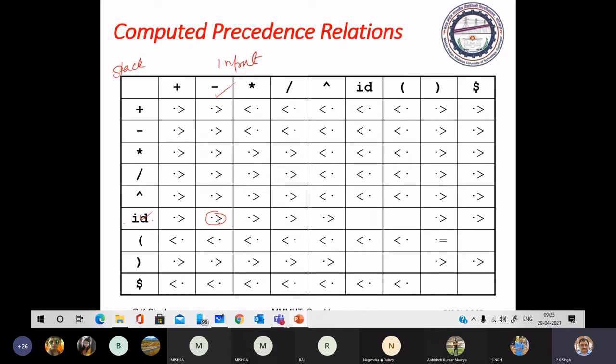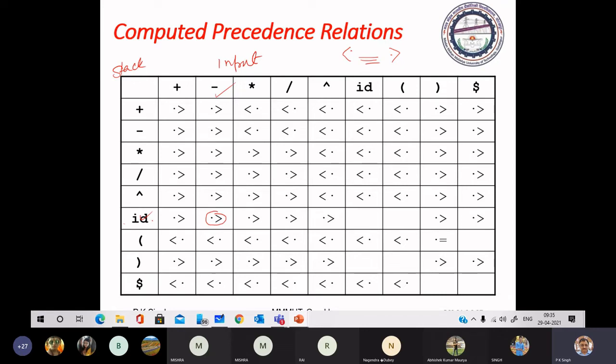In that case, you will get this relation, and accordingly you can decide the action. The action is reduce. In a reduce action, you have to go back in search of this relation between two consecutive terminal symbols. The string between this relation and this relation will be the handle.